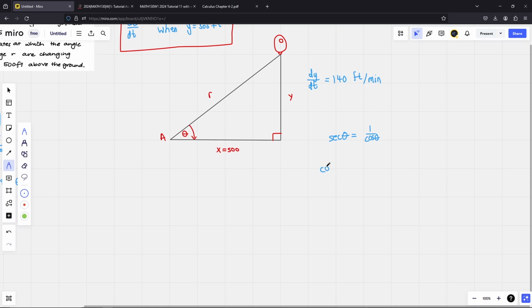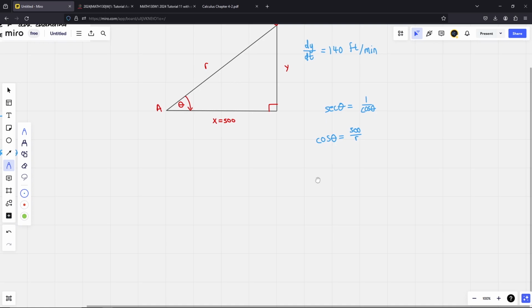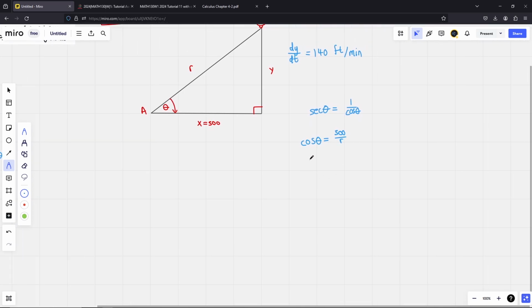So if we think about cos theta by SOHCAHTOA, that's going to be adjacent over my hypotenuse, and if I take the reciprocal of that, I can get, well, secant is r over 500.